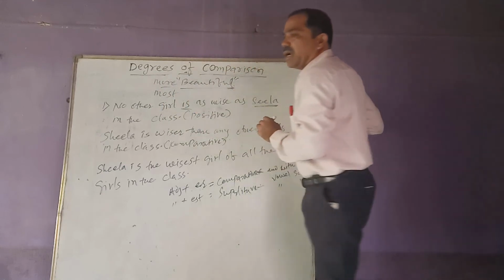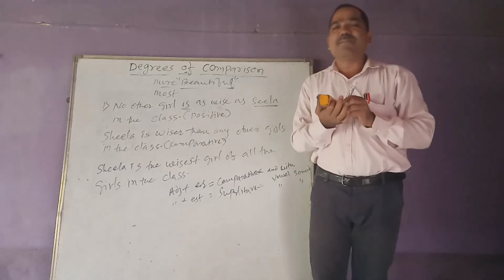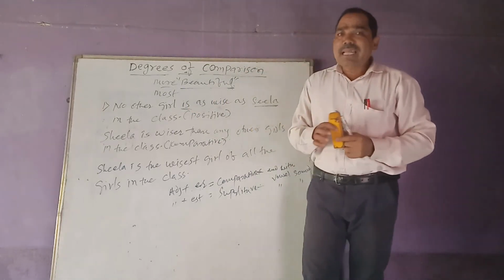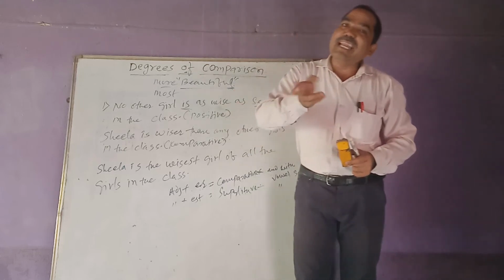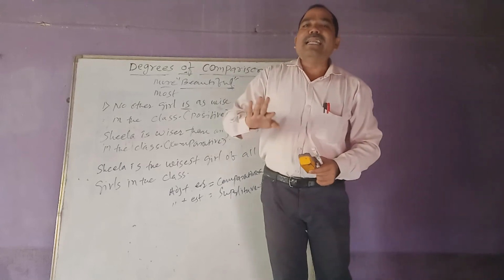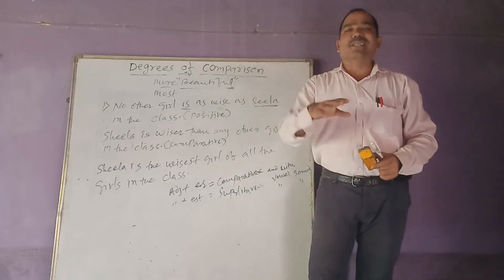That is very important. How? No other girl is as beautiful as Rani. This is a positive degree. In comparative degree, Rani is more beautiful than any other girls in the class. And in superlative degree, Rani is the most beautiful girl of all the girls in the class.